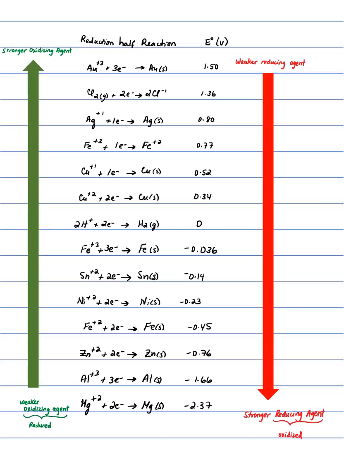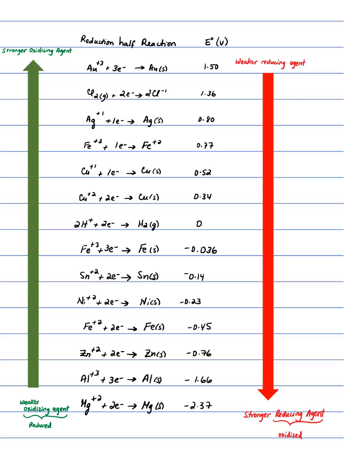So you have a trend with your numbers. You're going from the largest positive number to the largest negative number all the way to the bottom. The higher they are in the table, the stronger oxidizing agents. Remember, the oxidizing agent is the substance that is being reduced. The oxidizing agent is responsible for the oxidation of something else.